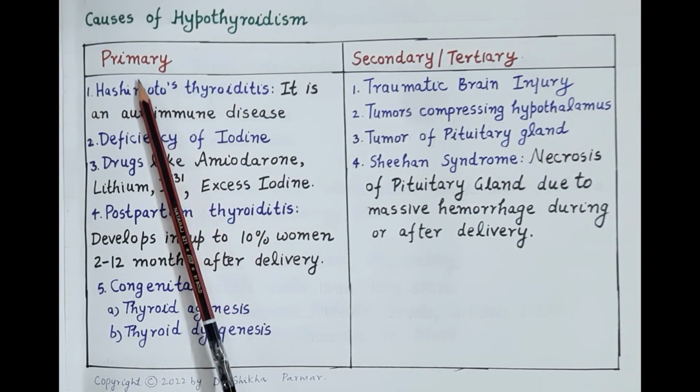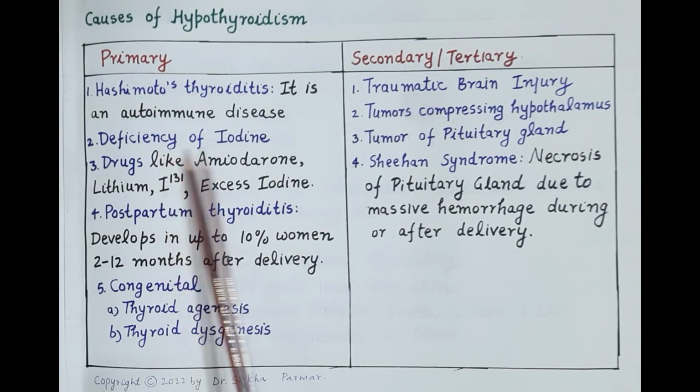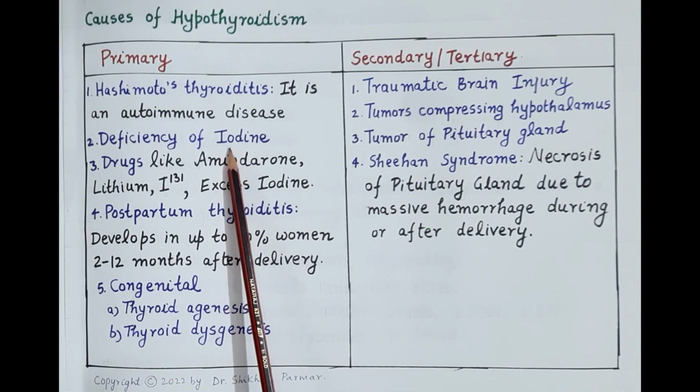Let's first understand cause of primary hypothyroidism. Now worldwide, iodine deficiency remains the main cause of hypothyroidism. Now as we all know, iodine is required for the synthesis of thyroid hormone. So deficiency of iodine in the diet reduces synthesis of T3 and T4, and this causes hypothyroidism.